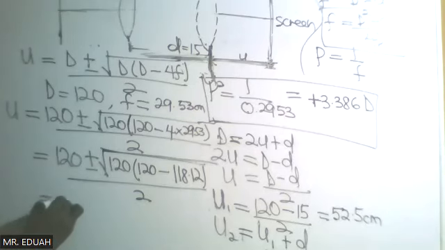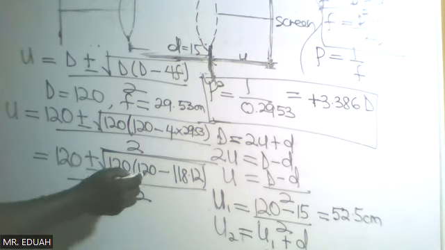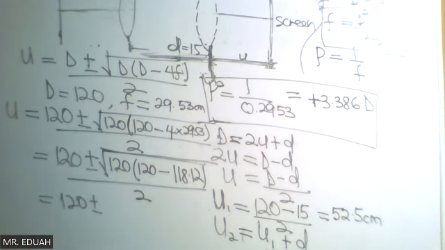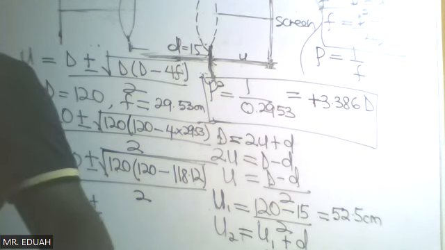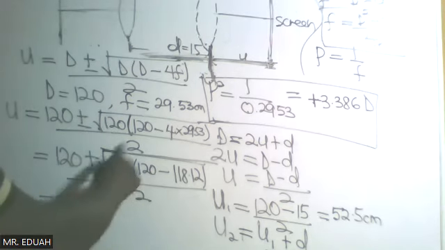Take the square root. So 120 minus 118.12 times this. Then you take the square root. Just give me the final thing. 67.5099 for the final thing.